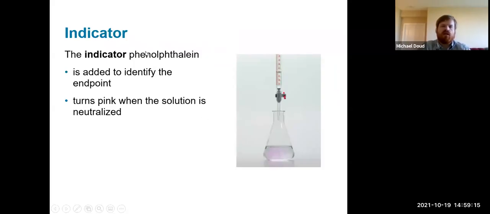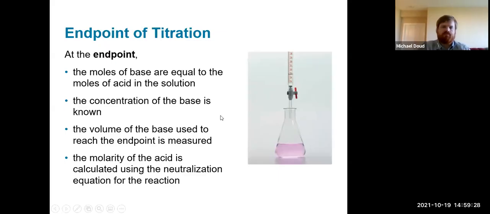Okay, so the indicator phenolphthalein turns pink at the endpoint, and that is just a way that you know that all of your acid's been used up. So even in a very slightly basic solution, phenolphthalein turns pink. So at the endpoint of a titration, this is when the moles of the base that have been added are equal to the moles of the acid that you started with in solution.